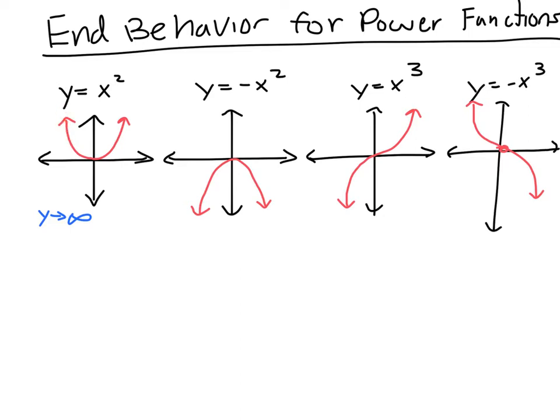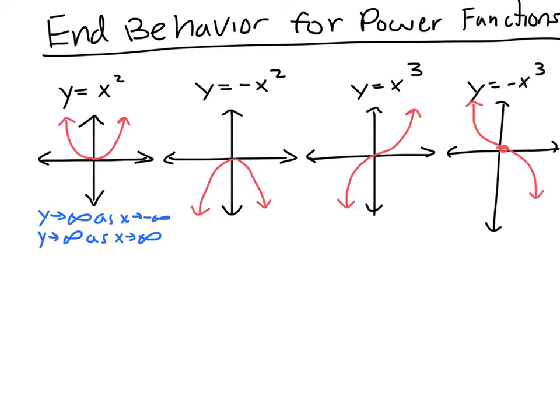So let's write that. y approaches infinity as x approaches negative infinity. y also approaches infinity as x approaches positive infinity. And that's what you see happening over here. So x is getting really, really big, and then so is y. So that's what end behavior is.